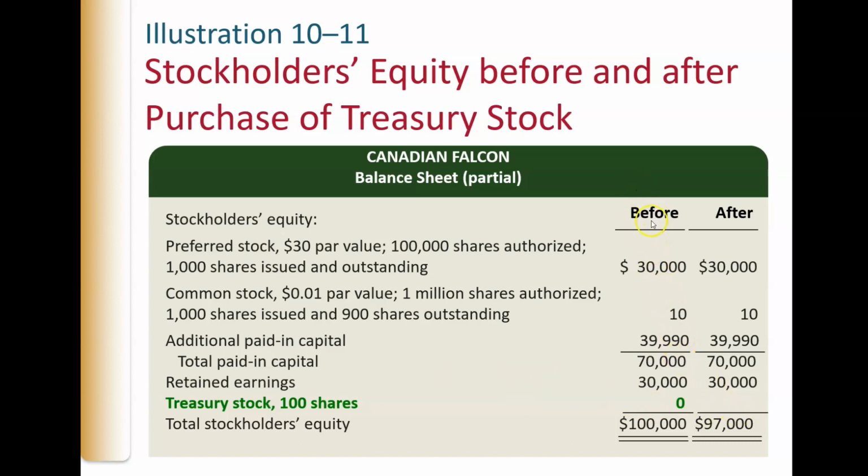So if they purchase treasury stock, this is what it looks like before they purchase it, and this is what it looks like after they purchase it. It reduces total stockholders' equity, but it does not change your stock accounts because stock cannot become unissued. You can repurchase it and it may not be outstanding anymore, but it was still issued at par value.